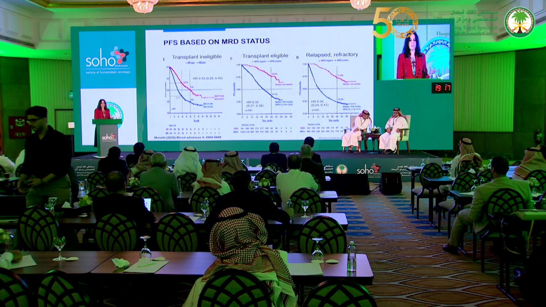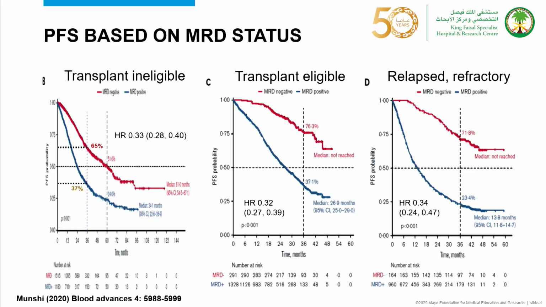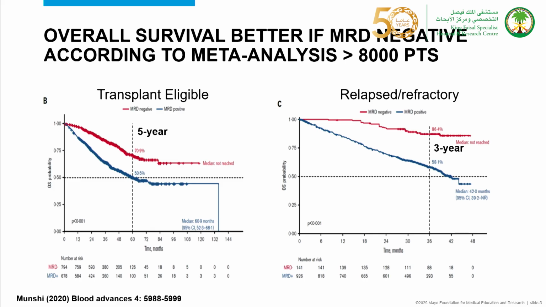So I'm sure you've seen tons of slides that look like this, but this is part of the data that really got, in the US, the FDA buy-in to MRD as a surrogate endpoint. Basically, the red curve is MRD negative, blue curve not, and whether transplant ineligible, transplant eligible, or relapsed refractory, a major difference in outcomes if patients are MRD negative.